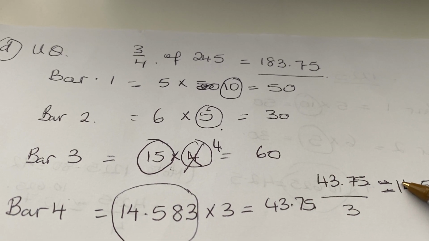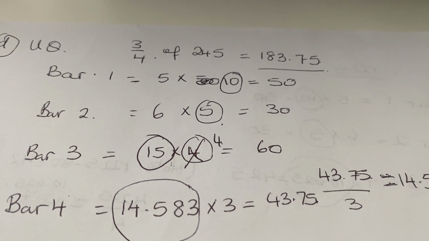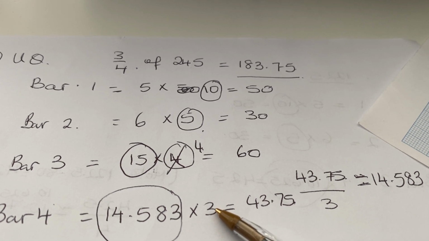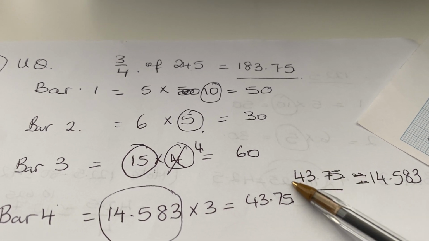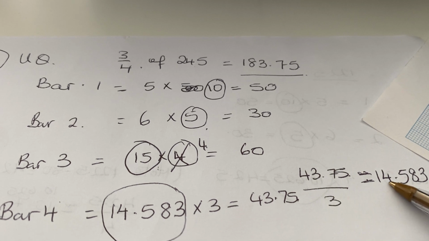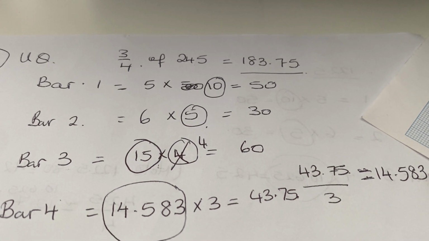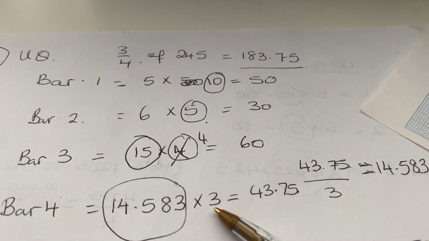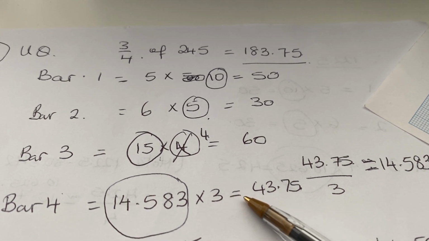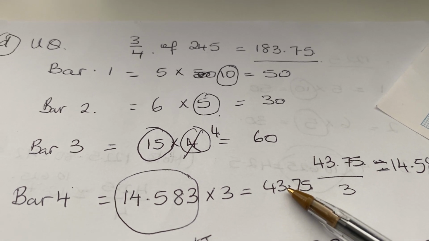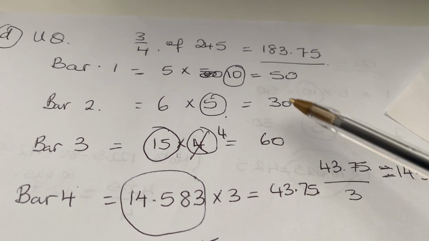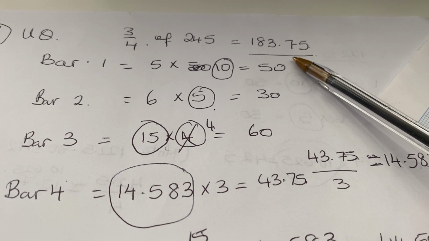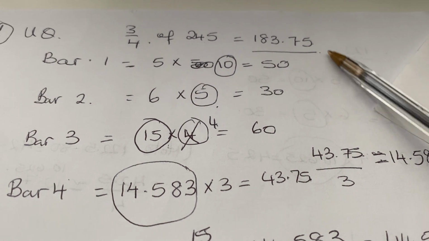43.75. Now the fourth bar has a frequency density of 3. So if I divide what is left by it, I have 14.583. So 14.583 times 3 will give me 43.75, to give me a total of 183.75.